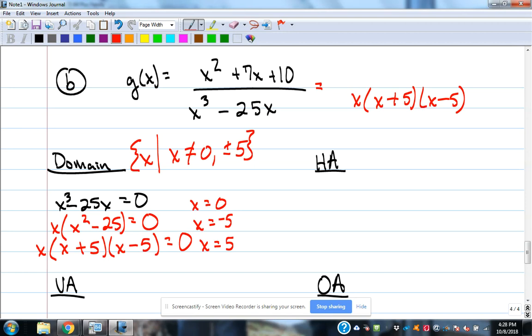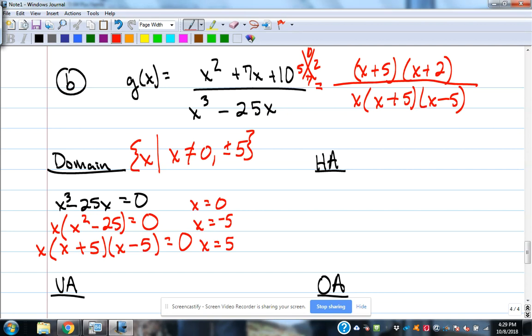So we found three numbers that were restrictions on our domain, 0, -5, and +5. Now we need to go and try to simplify our rational function. So we need to factor the numerator now. So we need something that multiplies to be 10 and adds to be 7. So 5 and 2, good. So I have x plus 5 and x plus 2.